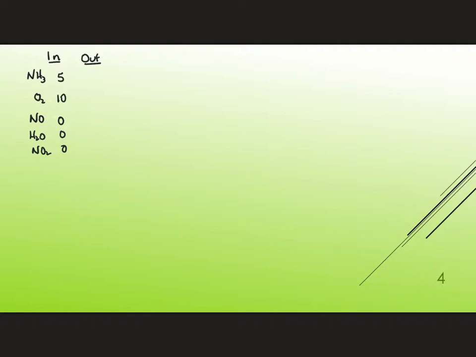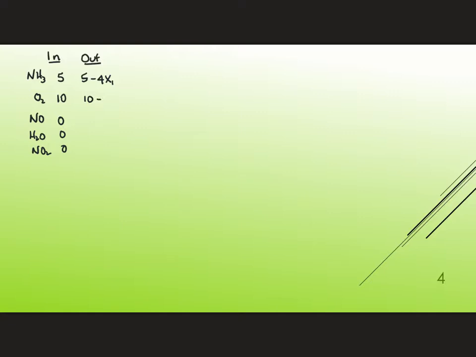And in terms of moles, we can do this using the stoichiometric coefficients. So for NH3, there are 4 NH3 in the first reaction, but it's on the reactant side, so we started with 5, minus 4x1 will be what leaves. Oxygen, we started with 10.